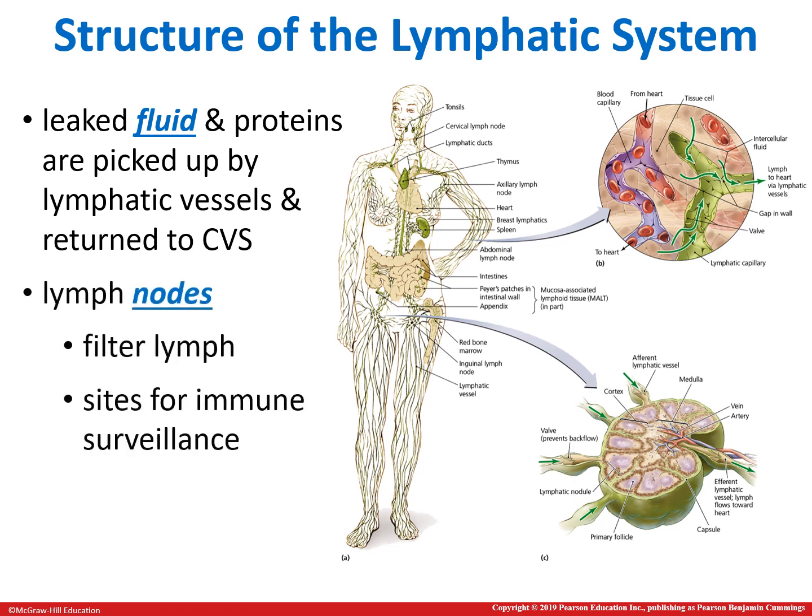And because the lymphatic system doesn't have a pump, it's fighting gravity, it's moving very slowly. And so it's a very good place to put lymph nodes, which serve to filter that fluid. And it gives a place for your white blood cells to sit and wait for pathogens to come their way.